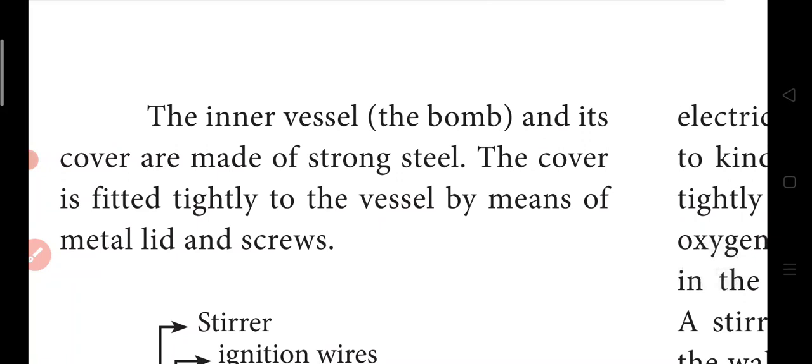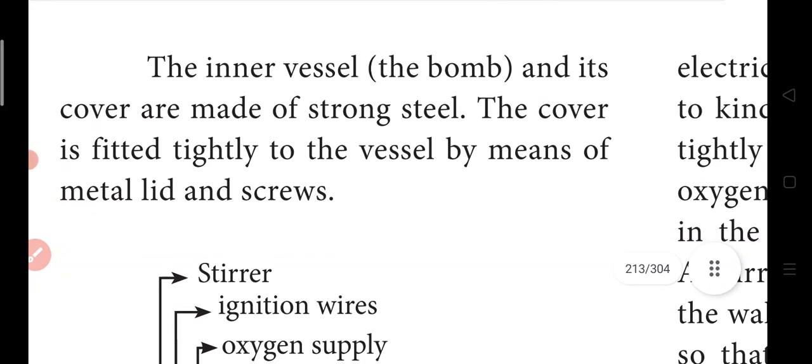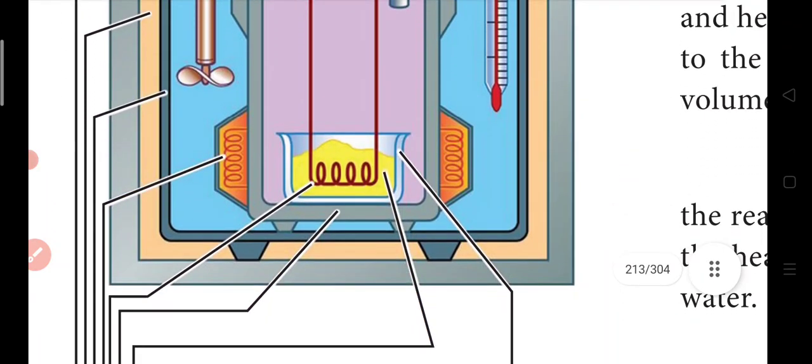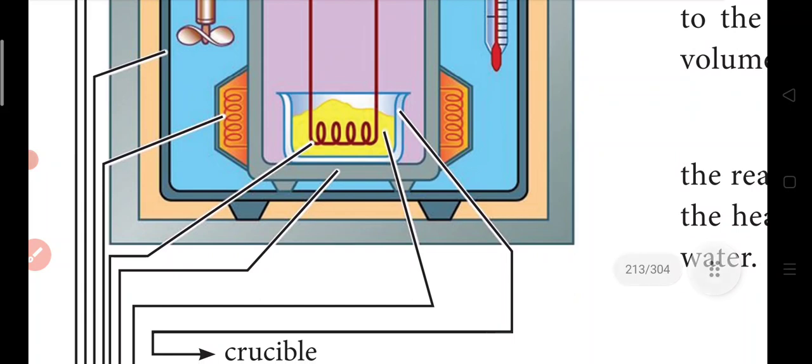So the inner vessel, we can say it is a bomb also, because it is a bomb calorimeter, and its cover is made of strong steel. It is fitted tightly with the vessel by means of a metal lid. If you see the picture, this is the bomb. The inner vessel is here.